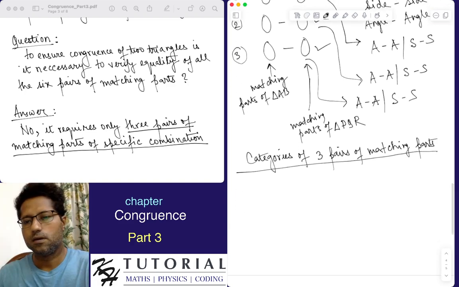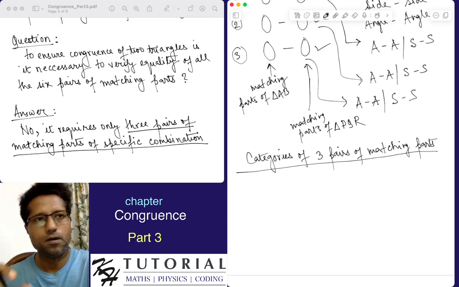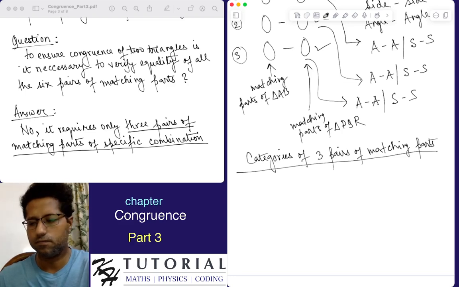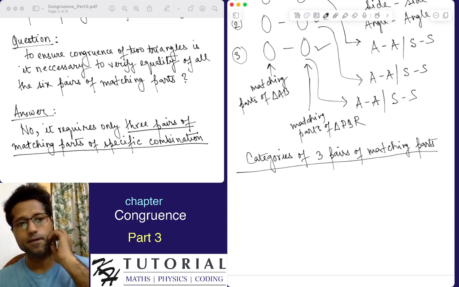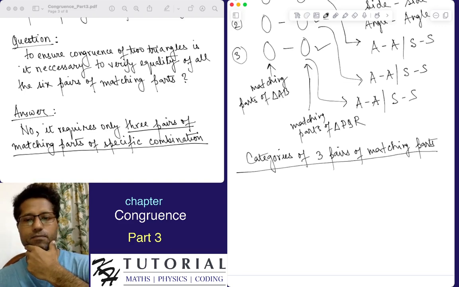So how do we select those three pairs of matching parts? There will be many possible ways of selecting three matching parts from a triangle. I can take three sides, I can take three angles, I can take one angle and two sides.